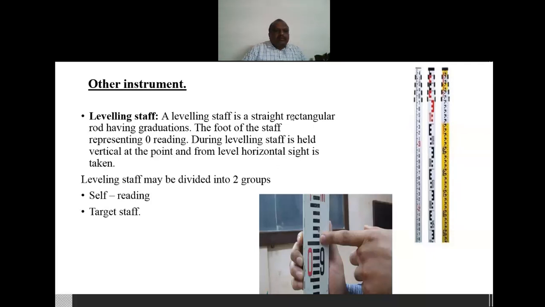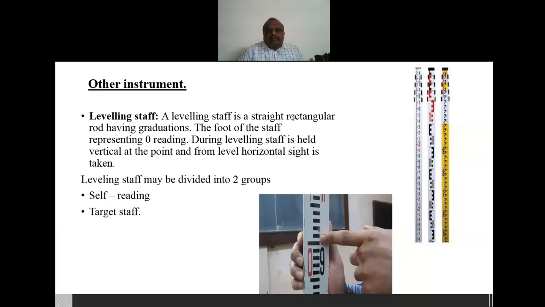The self-reading staff is one which can be read directly by the instrument man through the telescope. A target staff contains a moving target against which the reading is taken by a staff man.